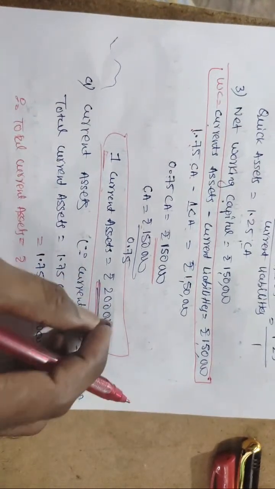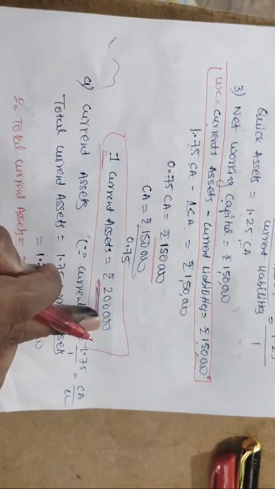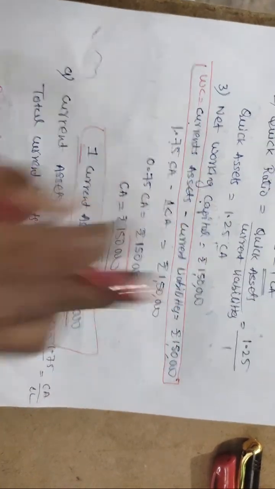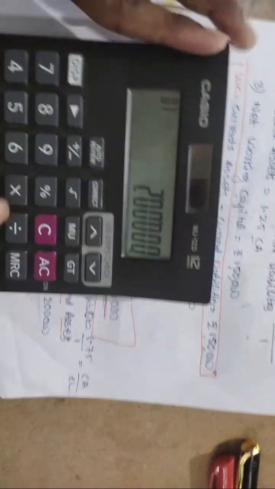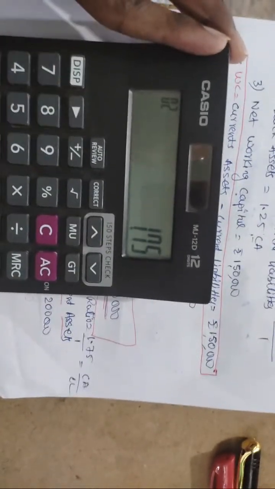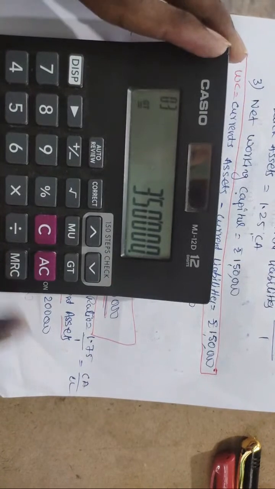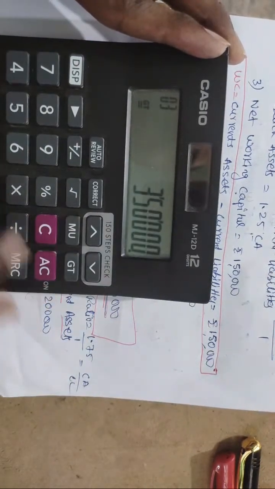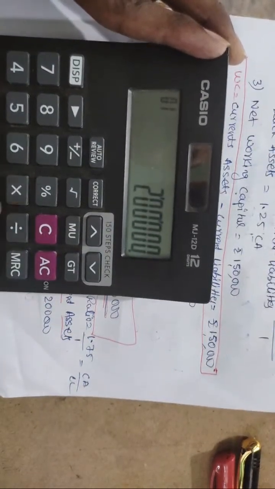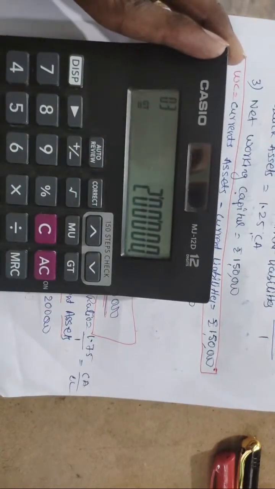So for one current asset, it is 2 lakhs. Then for 1.75, 2 lakhs into 1.75, you will get current assets, and 2 lakhs into 1, that is current liabilities.